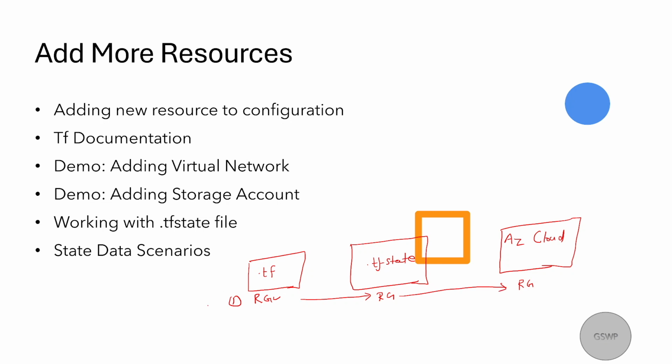Now take an example where we have one storage account created in the cloud, but we don't have code for it here, and we don't have it in the TF state. If that is the scenario, then we cannot manage this resource from the Terraform state file.